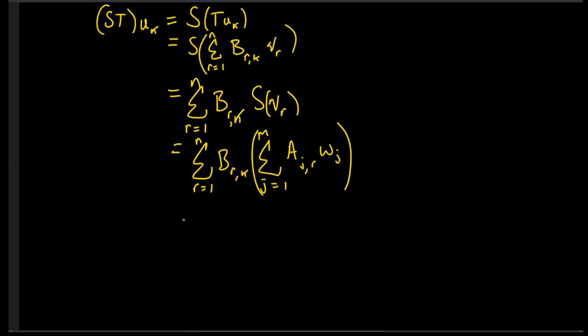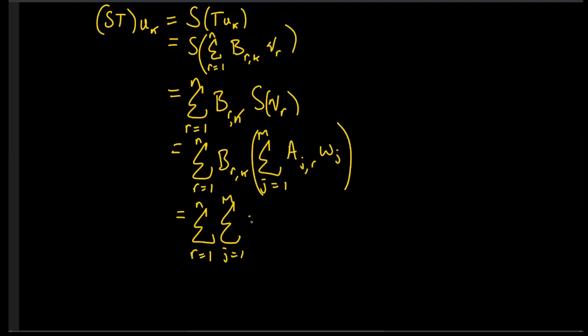Okay, cool. But now I can just do some interchanging things. That is, if I'm multiplying every piece of the sum here by B_rk, I can just pull that on inside. So I get a sum from r equals 1 up through n, and then a sum from j equals 1 up to m of, and I will write this out in a nicer way.